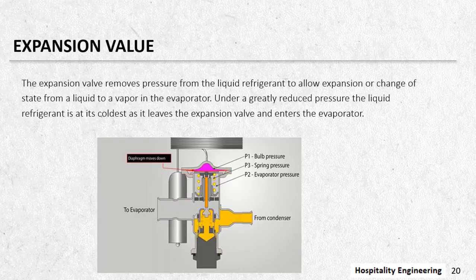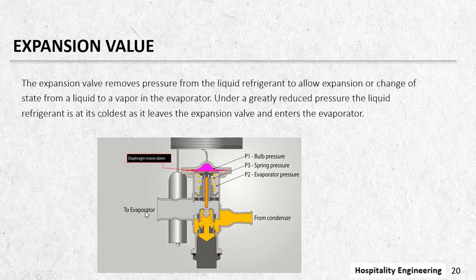Expansion valve. The expansion valve removes the pressure from the liquid refrigerant to allow the expansion or change of state from a liquid to a vapor in the evaporator under a greatly reduced pressure. The liquid refrigerant is at its coldest as it leaves the expansion valve and enters the evaporator.